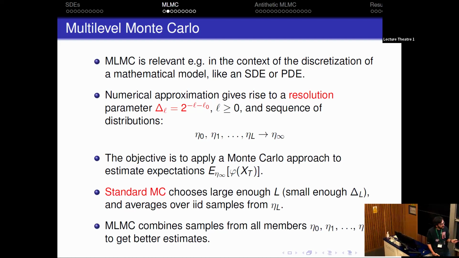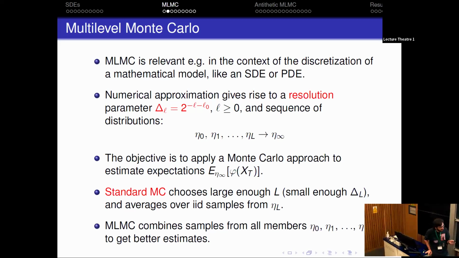If you want to do a standard Monte Carlo, you will fix some step size in your Euler scheme, for instance, and then you will just get Monte Carlo samples from the terminal position. That's it. It so happens, and that's the Giles idea, which has been around for many years now, that if you do some trick, you can do better than this simple Monte Carlo approach.